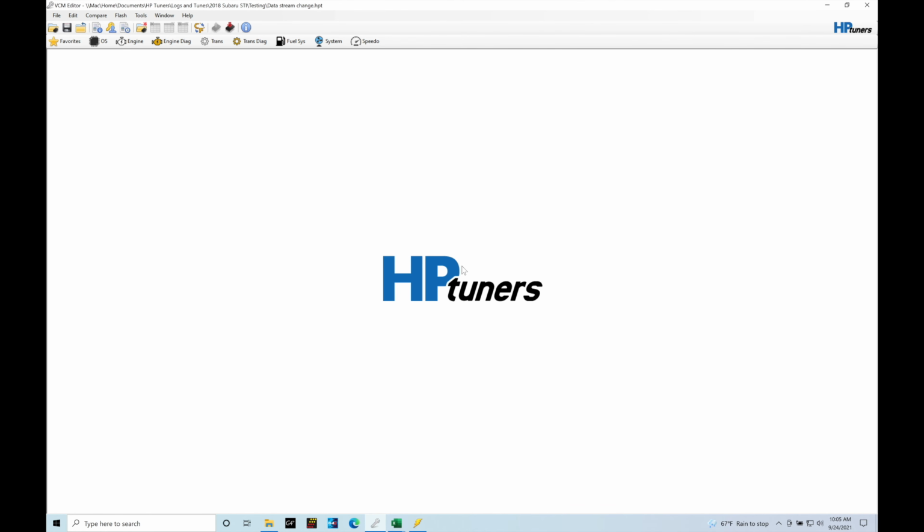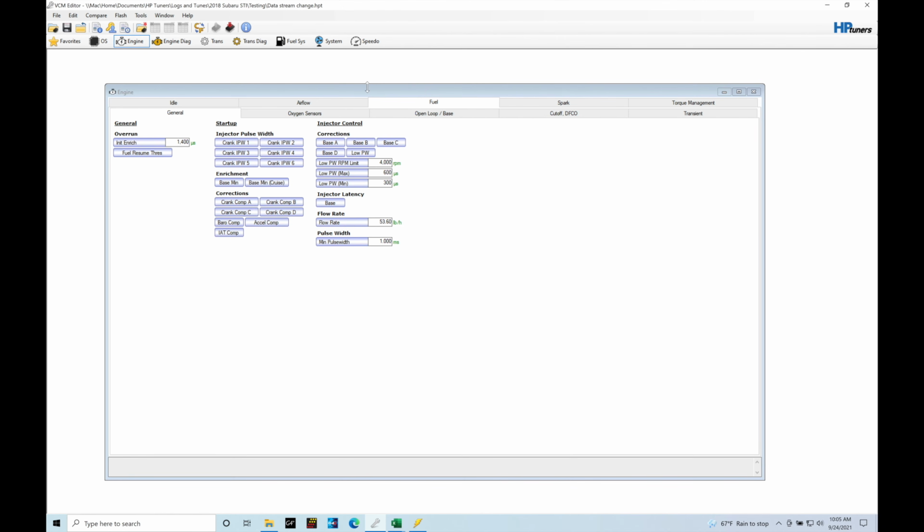So I have a 2018 Subaru STI calibration file open here. I'm going to go up into the engine option, and then if we jump into fuel and then under fuel general, we're going to find that we have our injector data located right here under the injector control. Specifically, we have our injector flow, an injector latency, a low pulse width, also known as a short pulse width adder table, and then we have some of the details of how this is going to be applied.